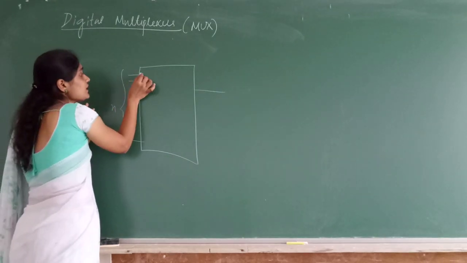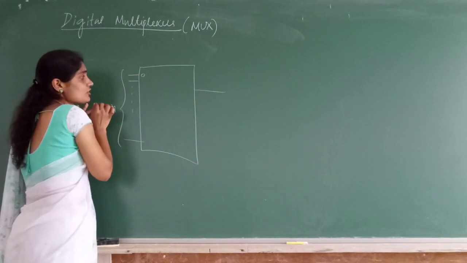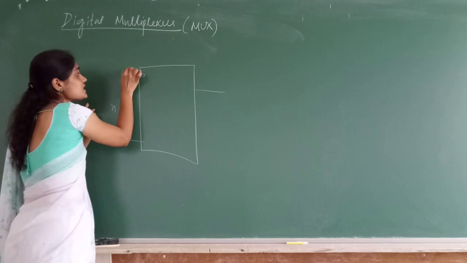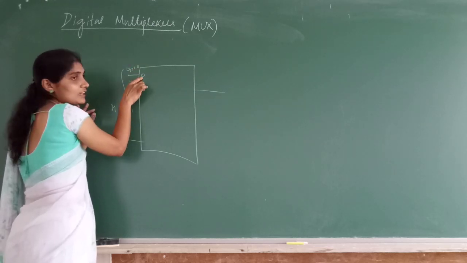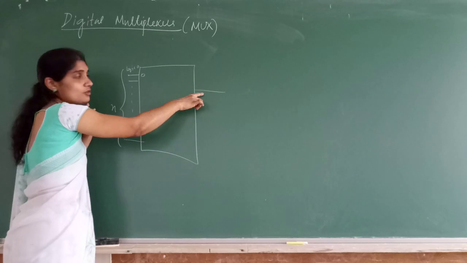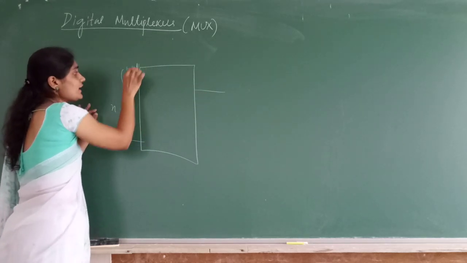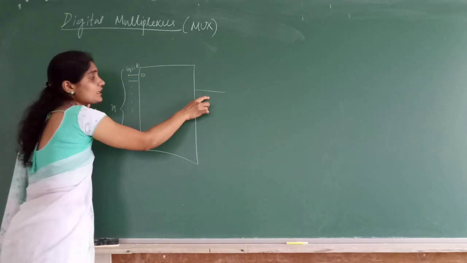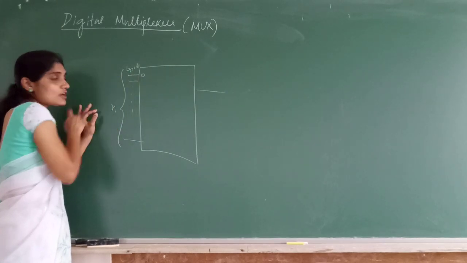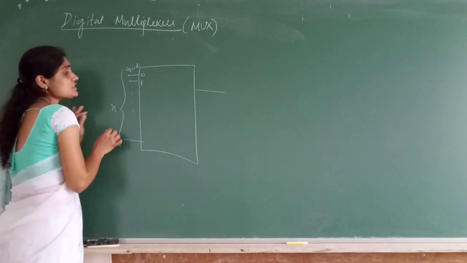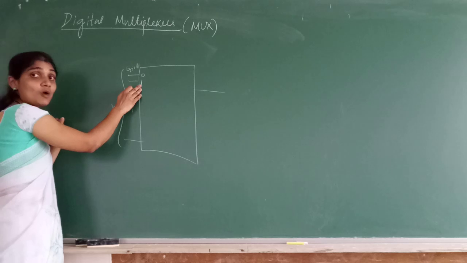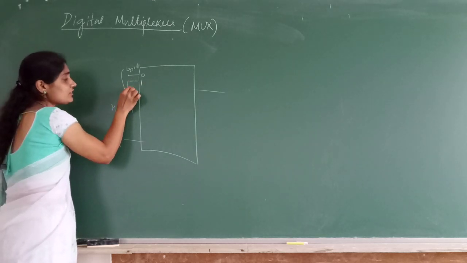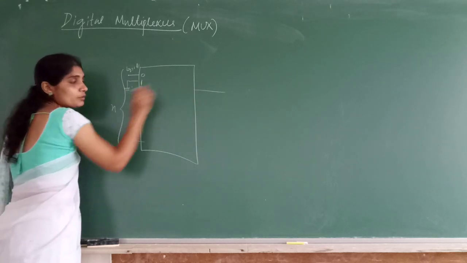For example, if you select input line 0 and you have connected logic 0 to this line, you get the output as 0. If you connect logic 1 to input line 0, you get the output as 1 if line 0 is selected. If the multiplexer selects input line 1 and you have connected the input to ground, the output will be 0.